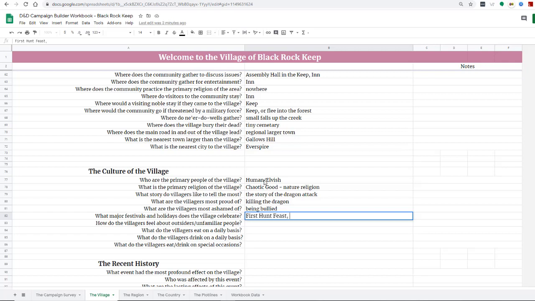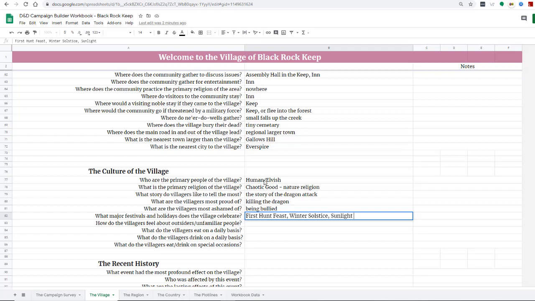And then we're going to say that there's a winter solstice festival. And then you have to appreciate the spring, the moments of rebirth. So we'll call it a sunlight festival.